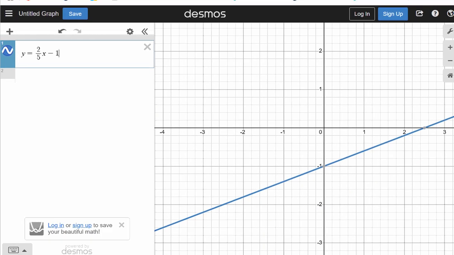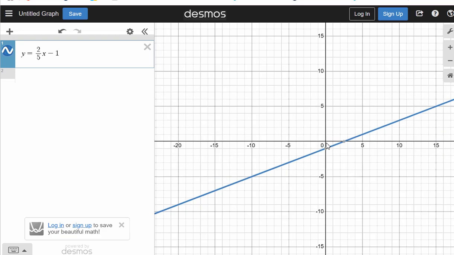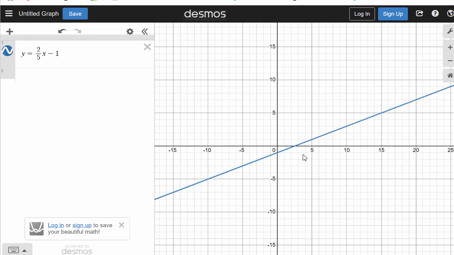This gives me a good idea what it looks like. Again, I can see the slope of it, and I can also see this point right here at 0, -1. That looks to be a pretty nice point. Okay, and then I can zoom out a little bit if I want to see some other points. There's all kind of stuff that we can check out here. But I get an idea of what the line looks like.